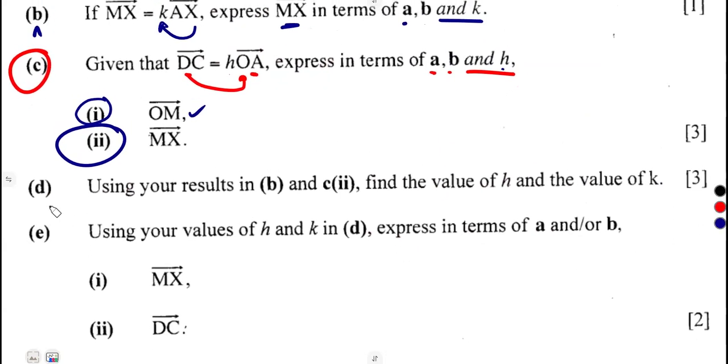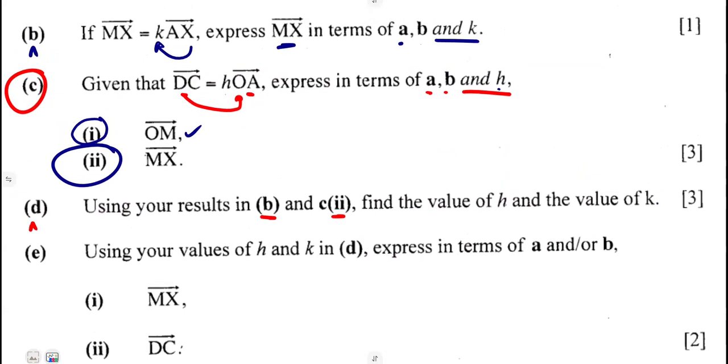Then on D, using the results of B and C item 2, so B, we calculated MX. C item 2, we calculated MX. So use those MX expressions that you have to find the value of h and the value of k.